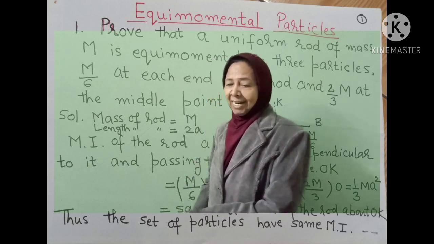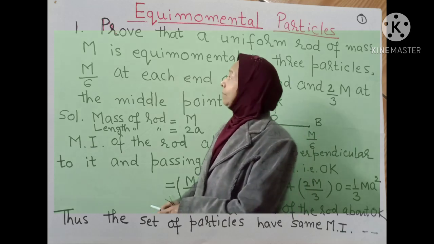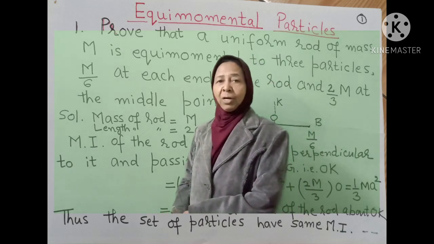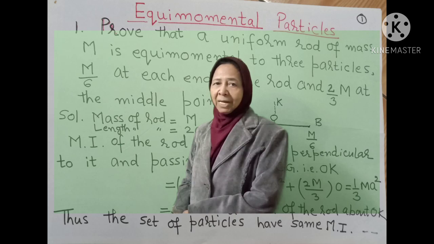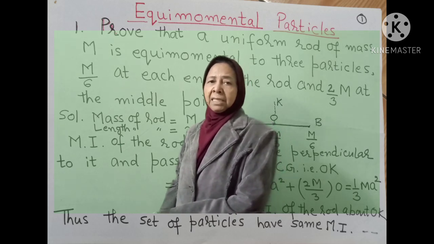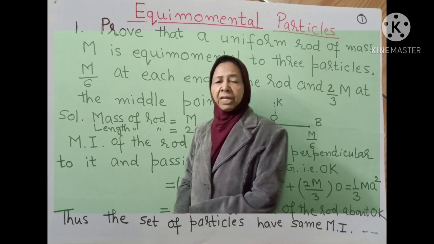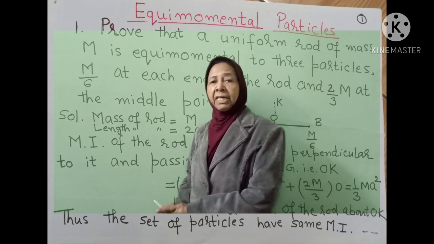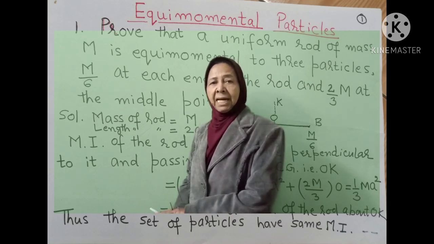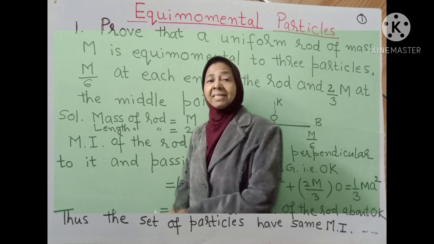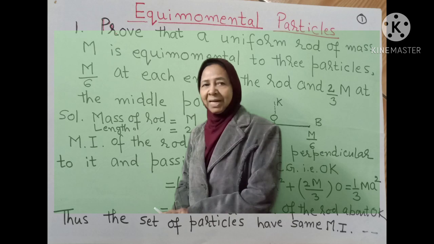It is Ma square by 3. We have already done it. Okay. That means now we have to find the moment of inertia of these 3 given particles about the same line. Okay.